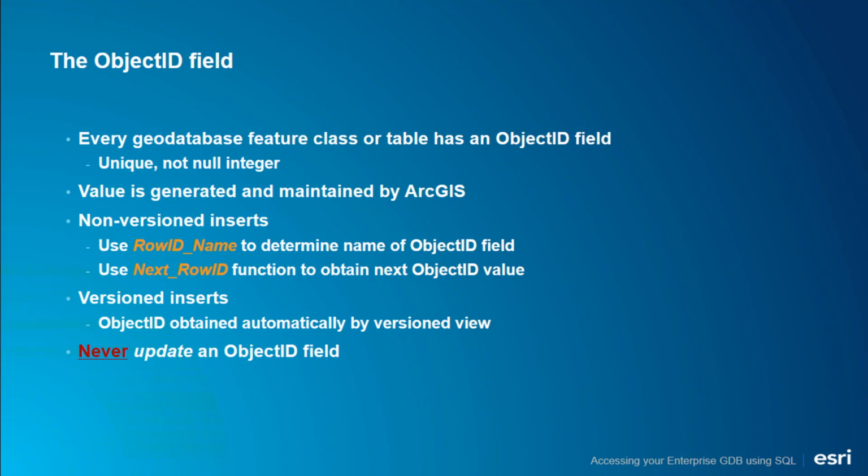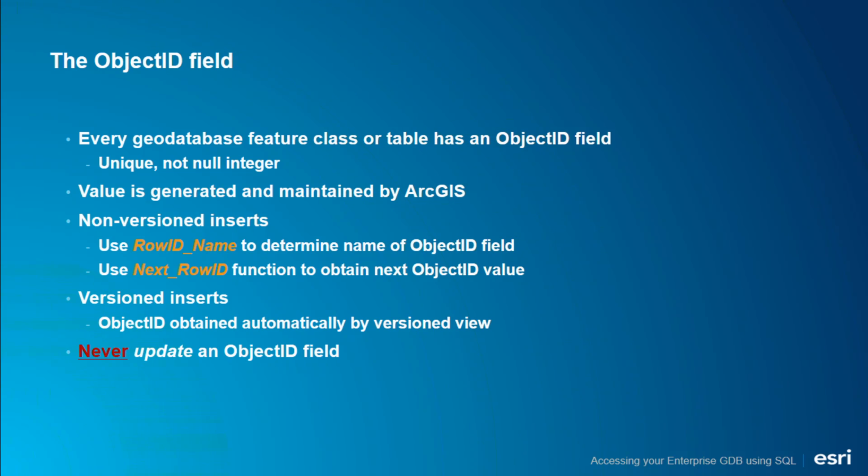So the object ID field, as I mentioned, when you register a feature class with the geodatabase, every feature class will have an object ID field. The value for this object ID field is generated and maintained by the ArcGIS client itself.